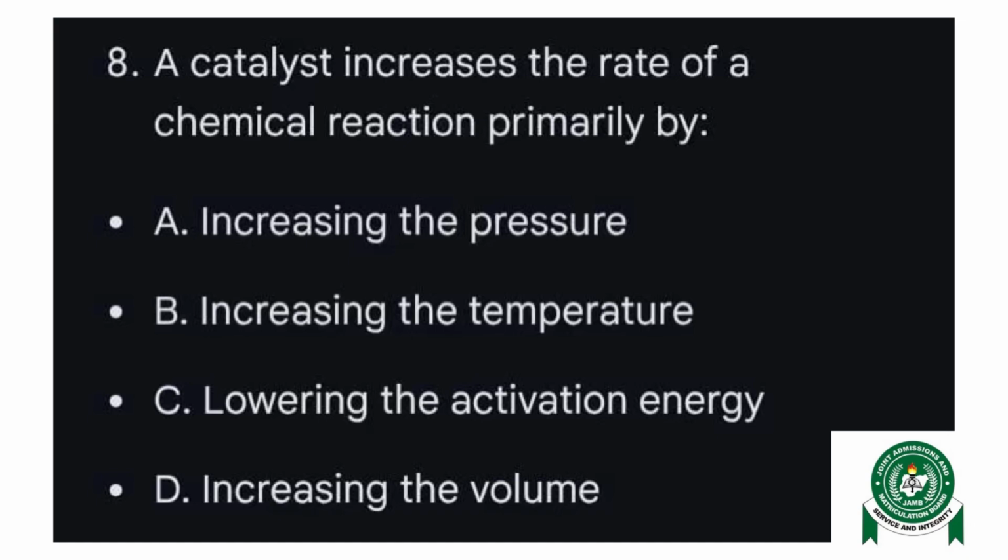It works by providing an alternative reaction pathway that has a lower activation energy. And don't forget, activation energy is the minimum energy required for molecules to react upon colliding. By lowering this energy barrier, more reactant molecules have enough energy to successfully turn into products at a given temperature. So the correct option here is option C, lowering the activation energy. That is how a catalyst increases the rate of a chemical reaction.